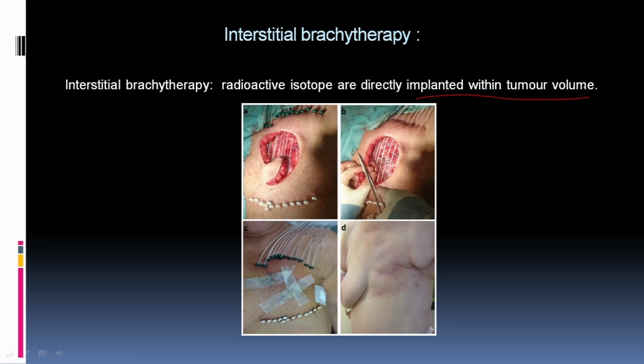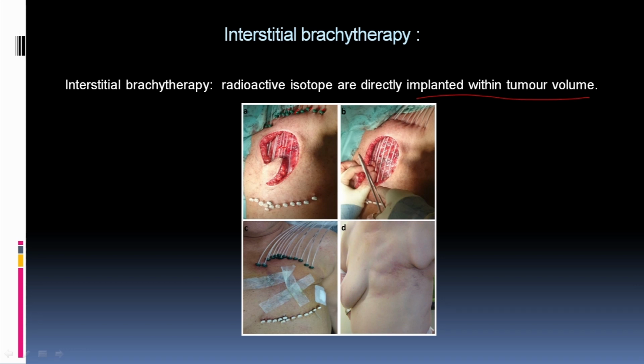You can see from this figure a carcinoma breast patient, where these are the applicators, and these are the tubes we have applied within the target volume. This is the placement.